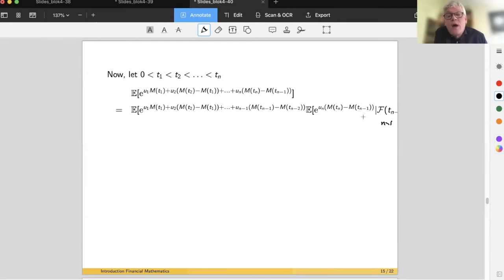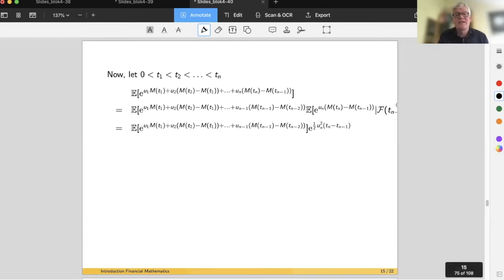Now that is the one for which we had our expression. So here we can substitute the expression that we have just found, and that is e to the power 1/2 un squared (tn minus tn-1). And the other part just remains under the expectation sign. Now we repeat that, taking iterated conditioning with respect to tn minus 2, and then tn minus 3, etc. We go back one time step at a time.